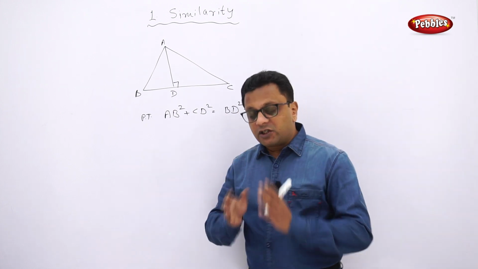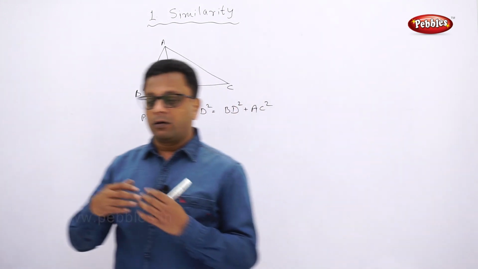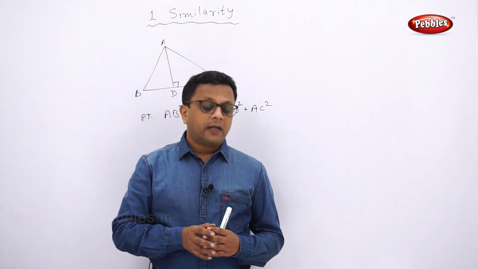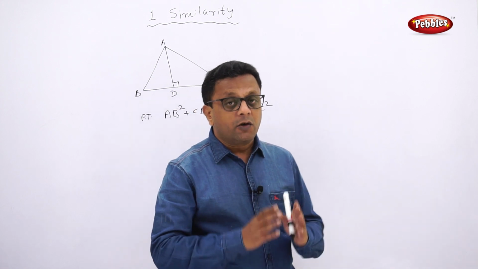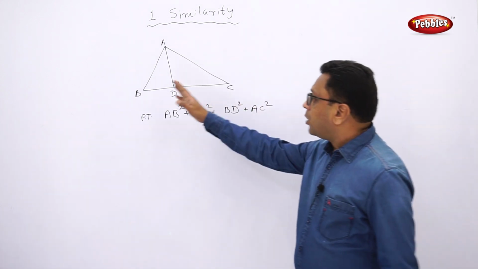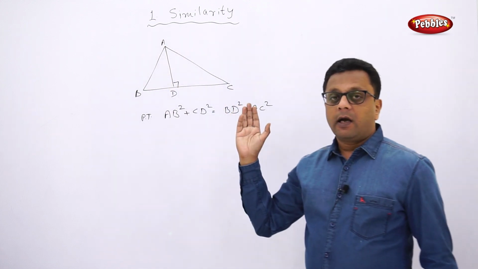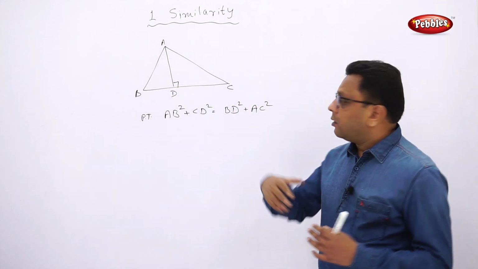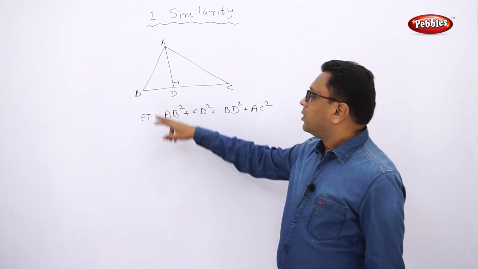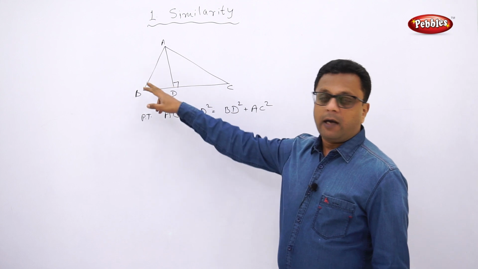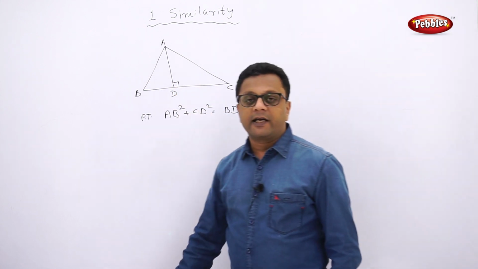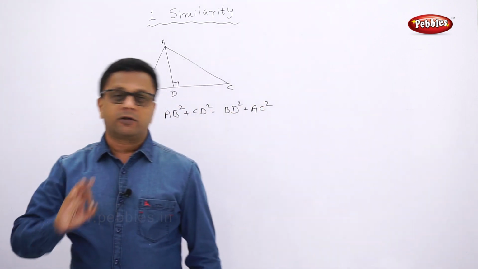So in such kinds of problems, if you have checked my other chapters, there also I have specifically told you that always see what you know about this figure. Now what I know about this figure and what properties I can apply there. First of all, I know that this is a right angle, so I have got 2 right angle triangles, and as soon as I get right angle triangles, I know the Pythagoras theorem.